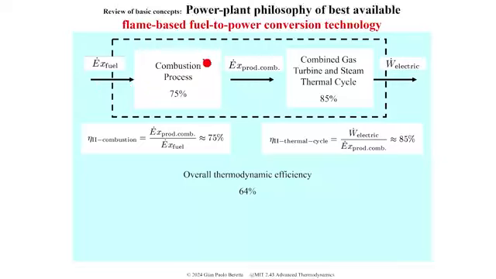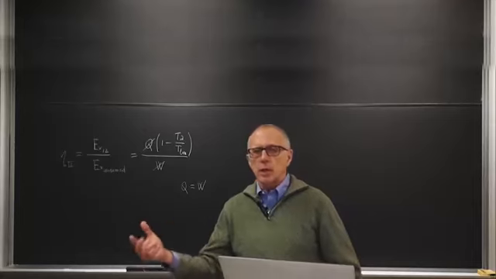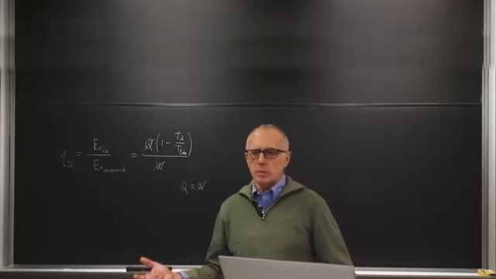The philosophy of our traditional flame-based power plants is that you burn the fuel, and with the hot products of combustion, you heat some working fluid, and you make it work in a thermal cycle.